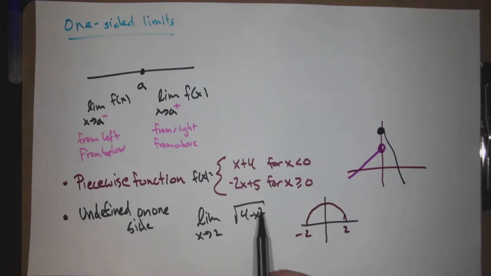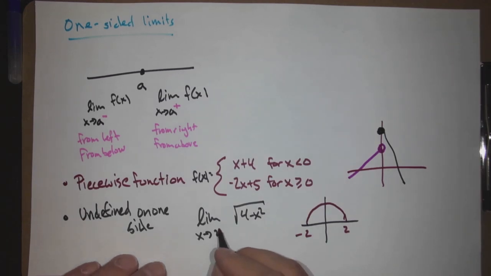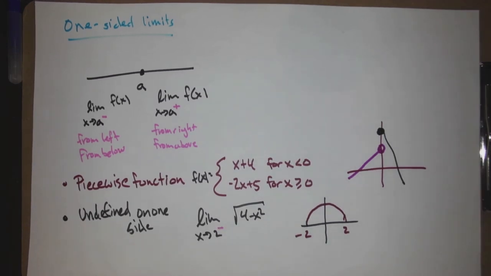So this limit, I can't ask the question because it's undefined on the right-hand side. So as written, it would be undefined. But if I say, what happens as I approach 2 from below of the square root of 4 minus x squared? What's the answer? Yeah, just follow the diagram. It's going to 0.